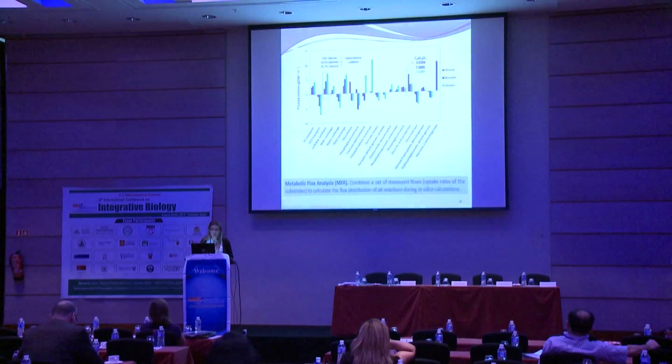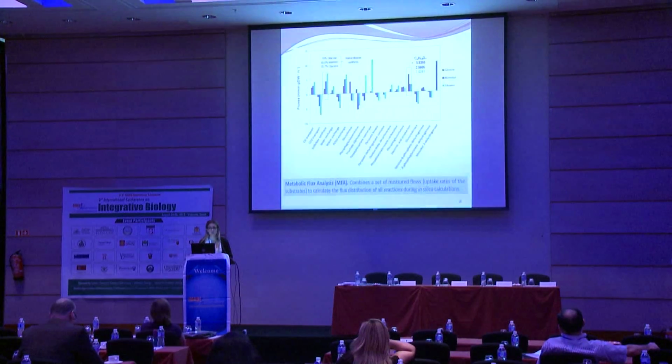So for some of the simulations, the first one was the metabolic flux analysis. So we combine a set of measured flows to calculate the flux distribution of our reactions. And this graph shows the distribution of the carbon sources.